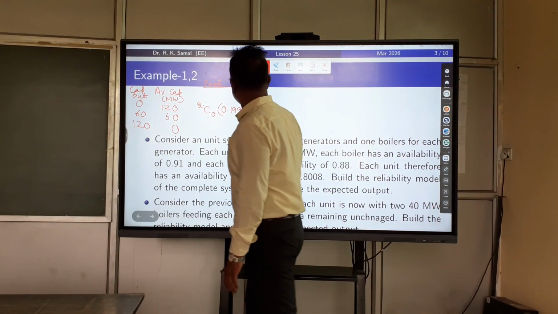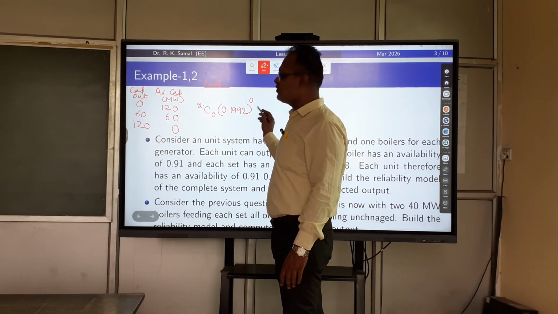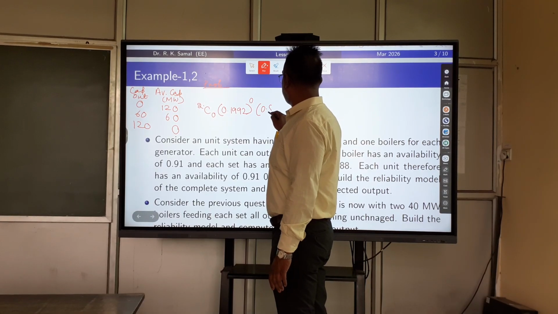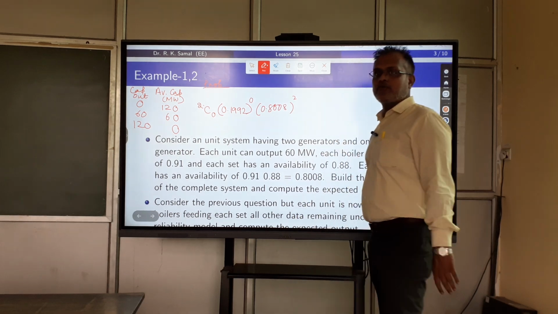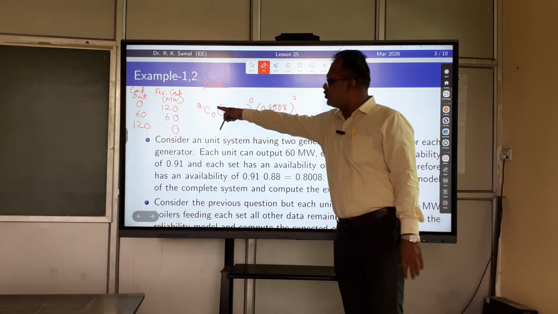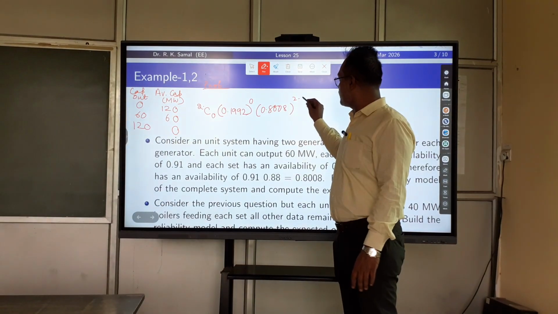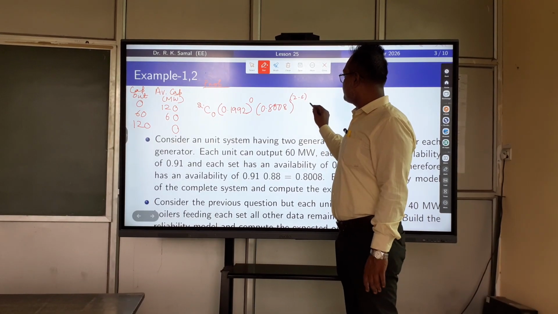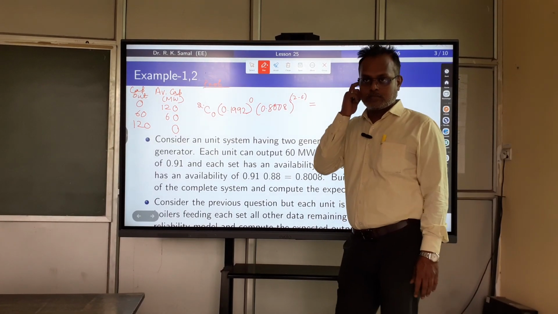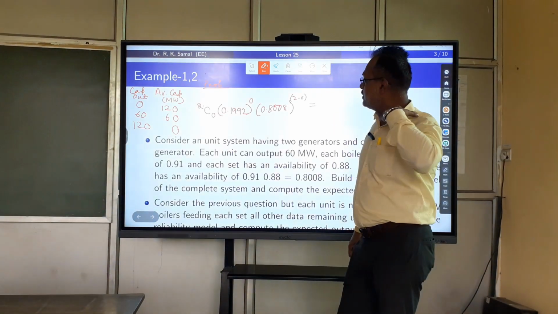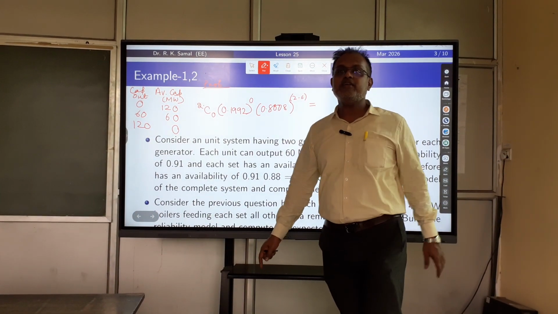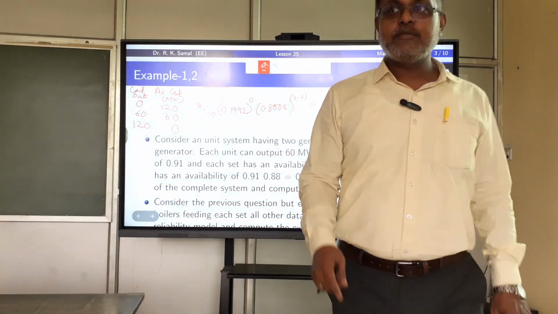It doesn't matter, to the power 0 because it's out. Then 0.8008 square, that means 2 minus 0. So how much is this? It is simply 0.8008 square, isn't it, because 2C0 is 1.